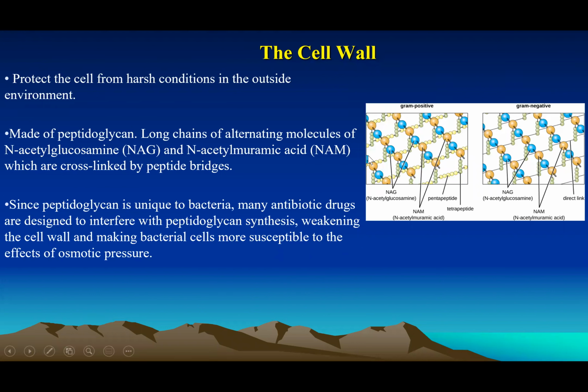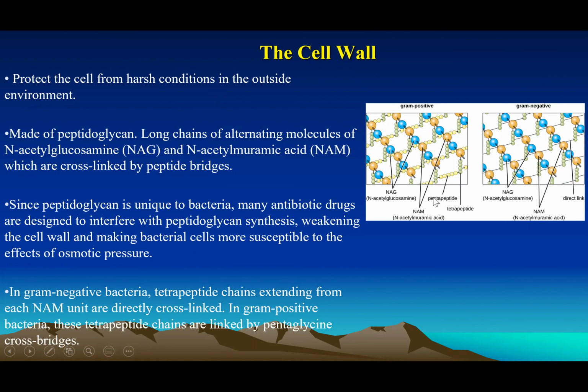Because peptidoglycan is very unique to bacteria, many antibiotic drugs are designed to interfere with peptidoglycan synthesis, thereby weakening the bacterial cell wall and making it more susceptible to osmotic pressure. That's how our drugs work.